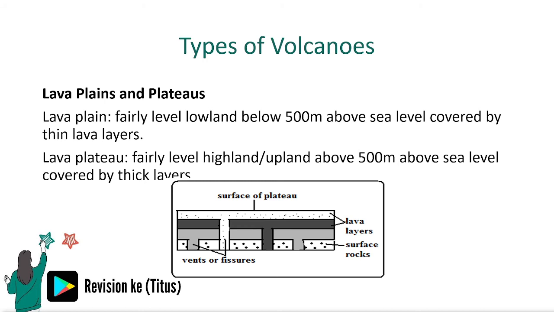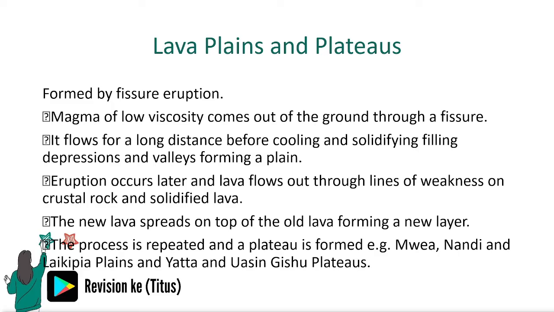We have lava plains and plateaus, as illustrated in the figure. They are caused by fissure eruption, where magma of low viscosity comes out of the ground through a fissure. It flows for a long distance before cooling and solidifying, filling depressions and valleys, forming a plain.